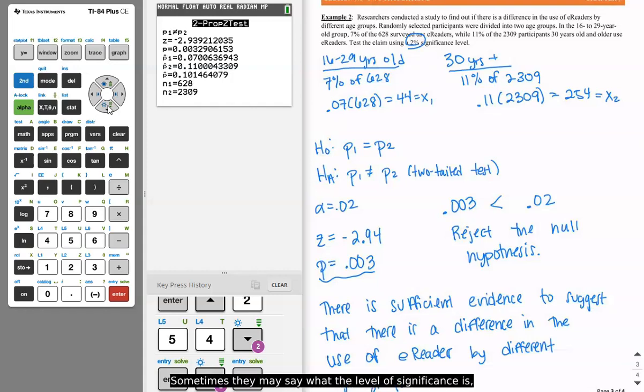Sometimes they may say what the level of significance is, so they could say at the 2% level of significance there is sufficient evidence, but that's sort of all the different pieces of my hypothesis test.